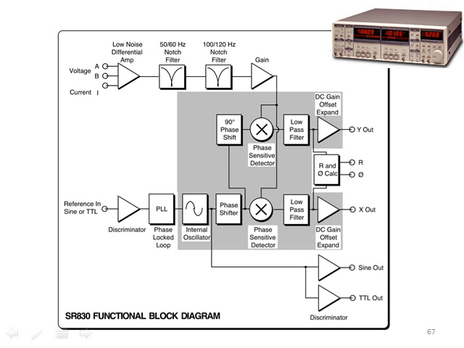We have notch filters to get rid of line disturbances, a gain, and then you'll see that we have this quadrature operation where we have a 90-degree phase shift that's put into the reference signal that allows us to do this quadrature detection and then low-pass filtering, and then be able to provide the output at X and the output at Y.